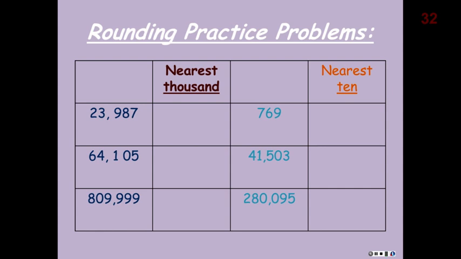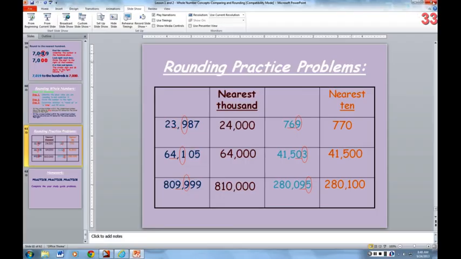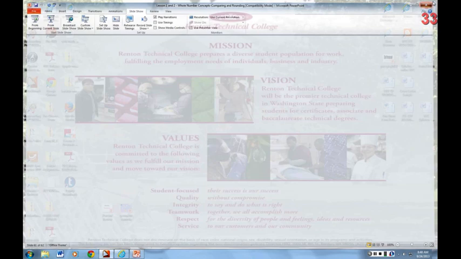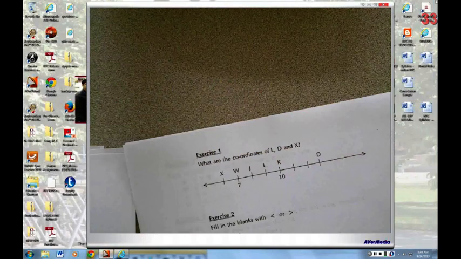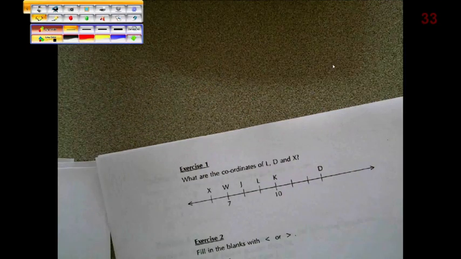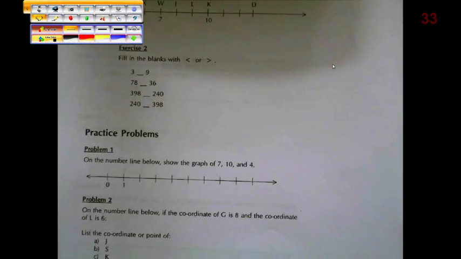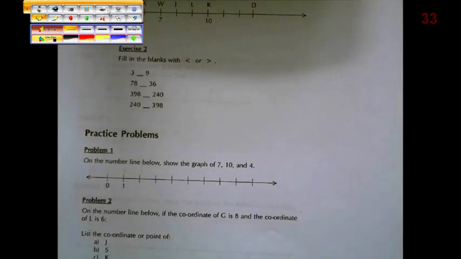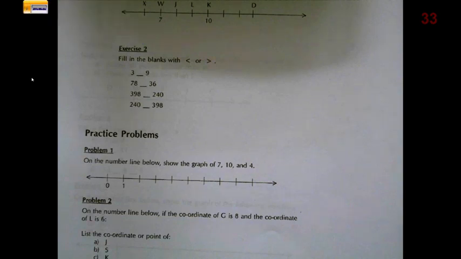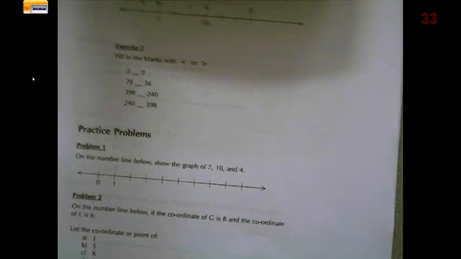It's a number line. On page 4, they talk about number lines. Down here on the bottom. So, what's a coordinate? Yeah, it's where that line meets there.